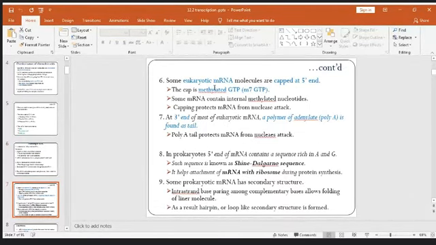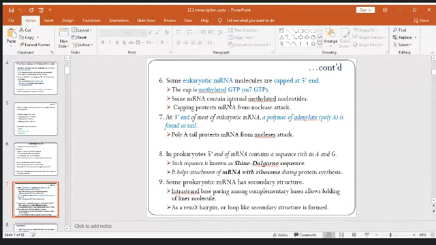Some eukaryotic messenger RNA molecules are capped at the 5' end. I told you this one. The cap is methylated guanosine triphosphate at the 5' end. There might be various capping processes, however the most popular and common one in the cells is methylated guanosine triphosphate addition to the 5' end of the messenger RNA.